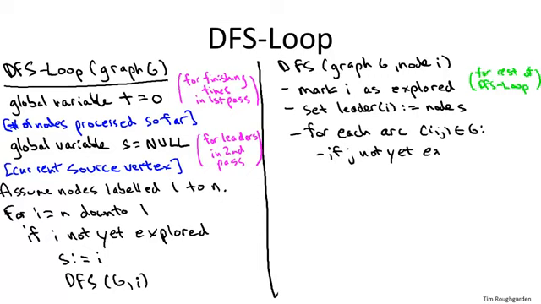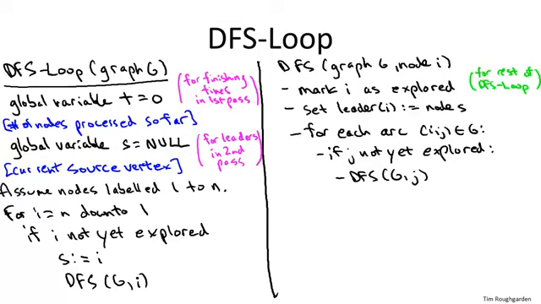There's no more outgoing arcs to explore. We think of it as being finished. Remember, t is the global variable that's keeping track of how many nodes we're done with. So we increment t because now we're done with i. And we also remember that i was the t-th vertex with which we finished. That is, we set i's finishing time to be t.